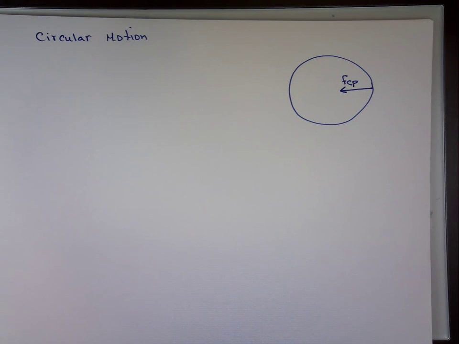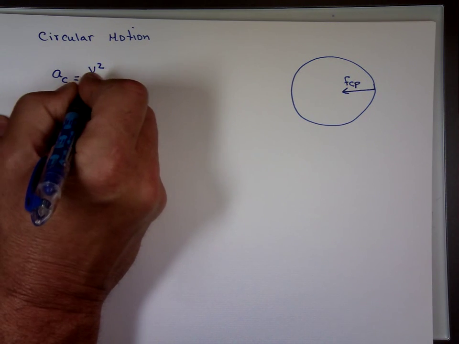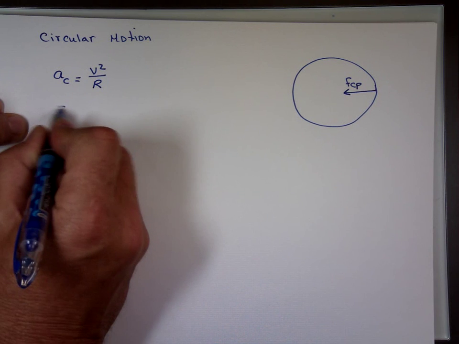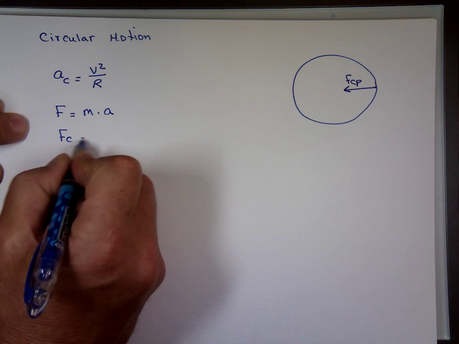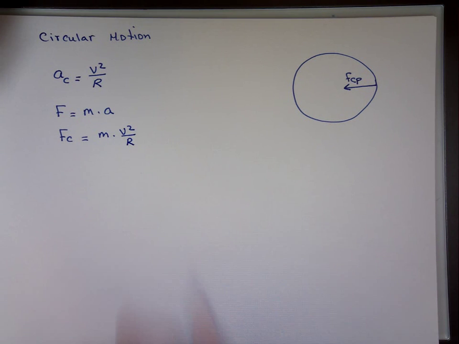First we found that when things are going in a circle, there is an acceleration called centripetal acceleration, and the value of that is v squared divided by r. Since Newton says force equals mass times acceleration, the centripetal force is equal to mass times v squared over r, mv squared over r.